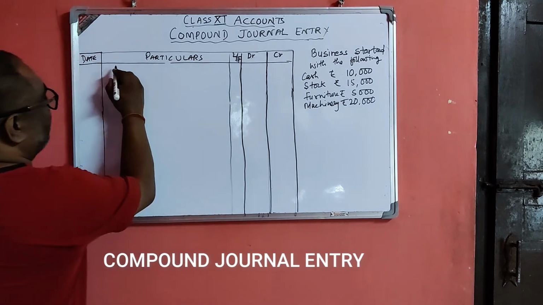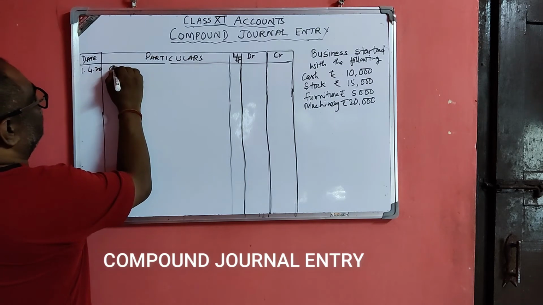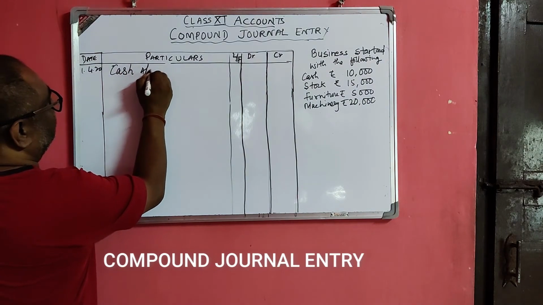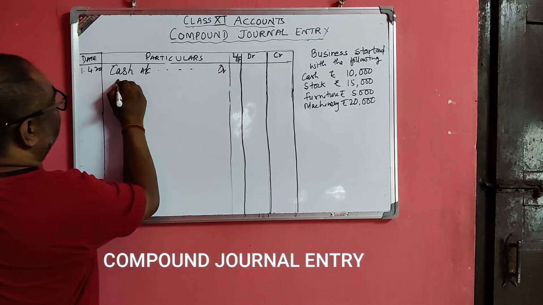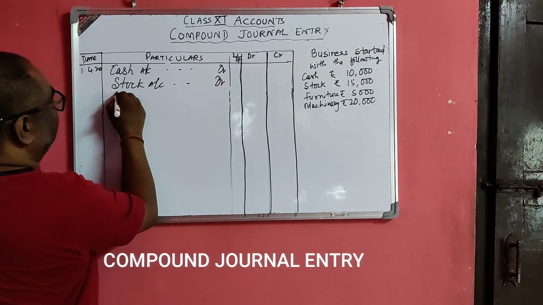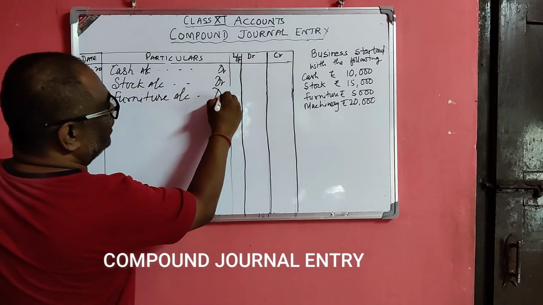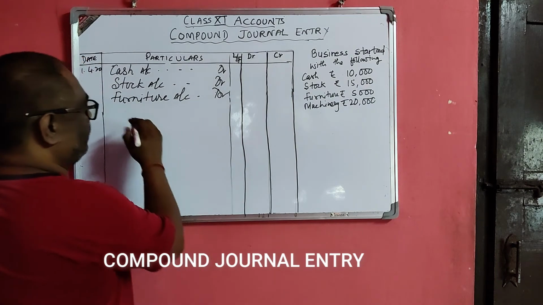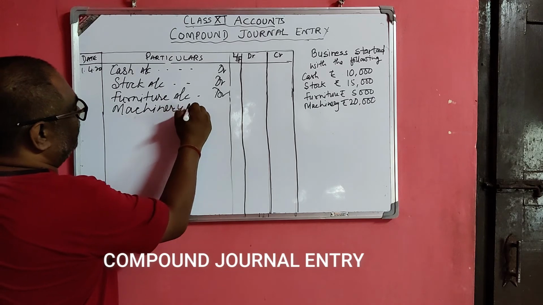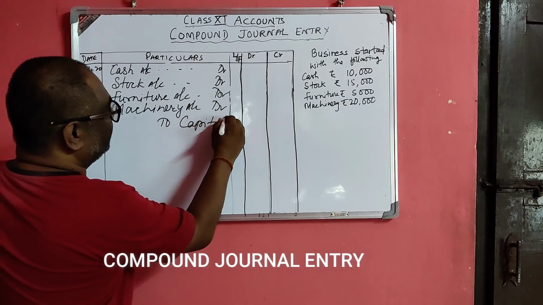So here the compound entry: give the date 1st April 2020. Cash account debited, stock account debited, furniture account debited, machinery account debited to capital account.